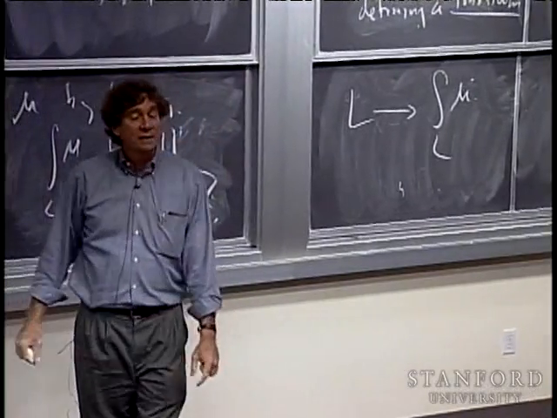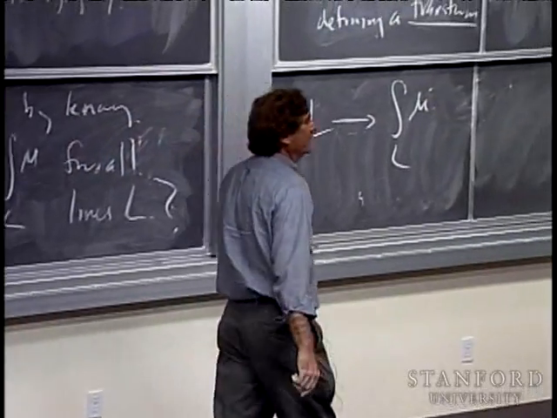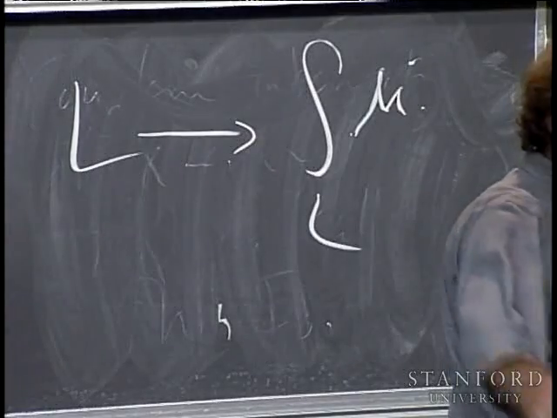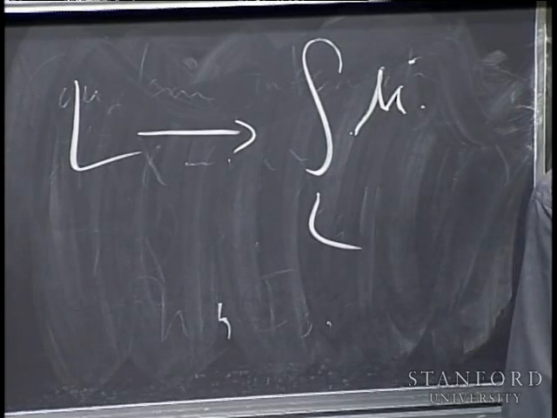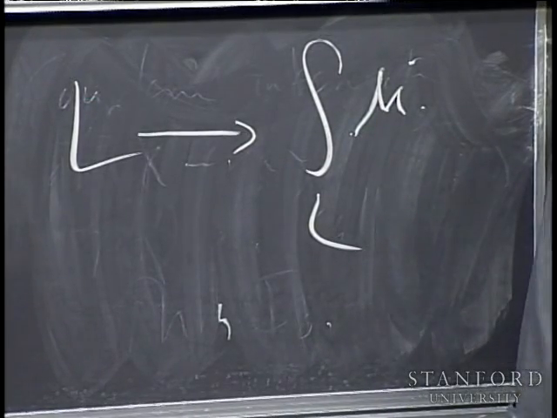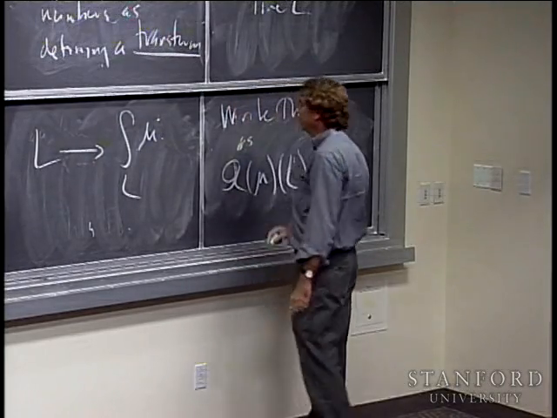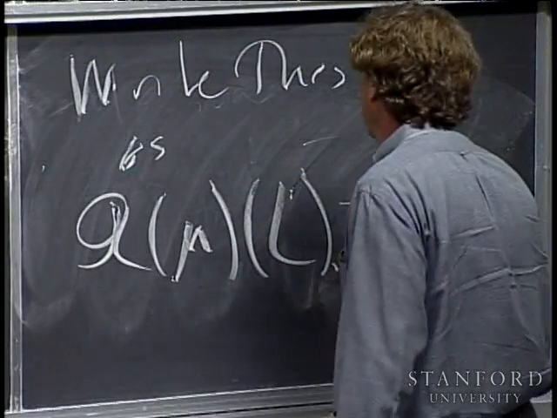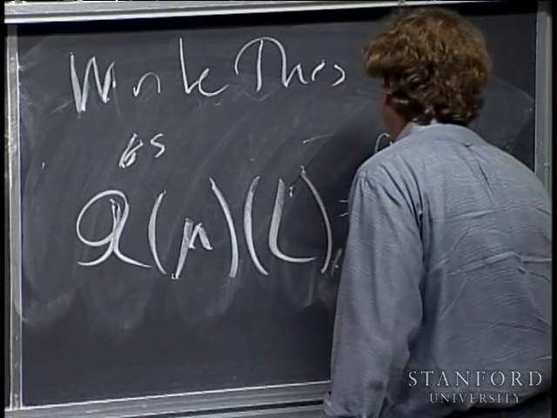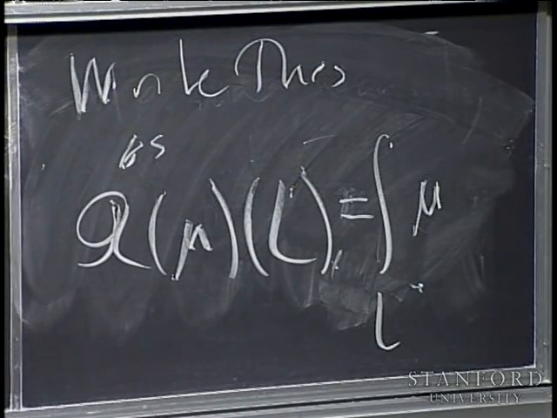When I say transform, what I mean is you consider this a transform of mu evaluated on the line L. That's sort of mind expanding, but that's the way you look at it. Write this as R of mu, the transform of mu at a particular line. By definition, that's the integral along L of mu.